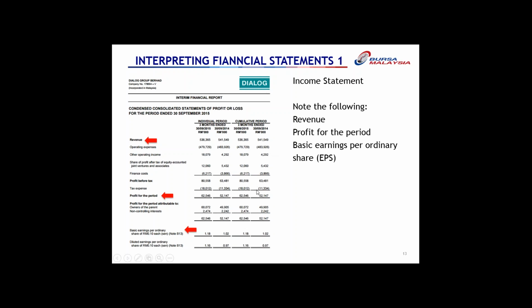On the other hand, this item increased almost 50%. But then you look at it as a percentage of the revenue, it's also very small. So that's why sometimes when you interpret financial statements, you need not go into too much detail.